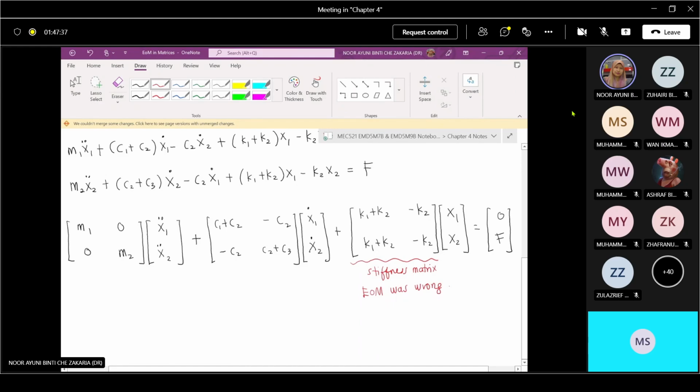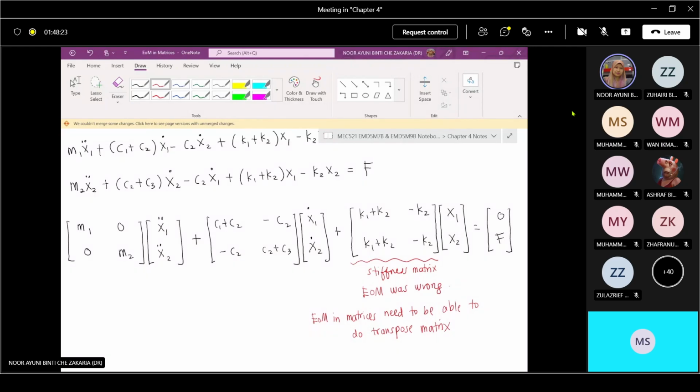Matrix, this equation of motion in matrices, you need to be able to do the transpose matrix. Transpose matrix. How should I explain the transpose matrix?